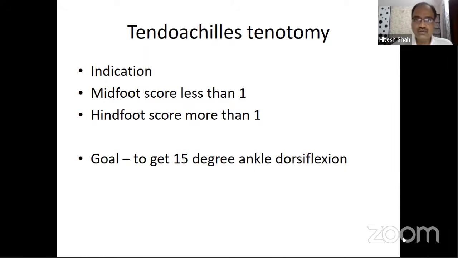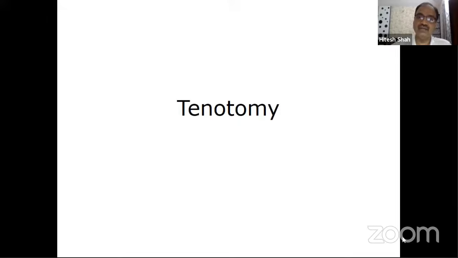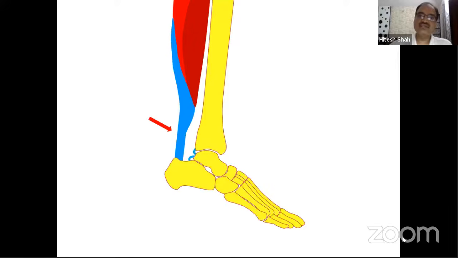What is the goal of doing a Tendoachilles tenotomy? We need to get at least 15 degrees of ankle dorsiflexion in order to get rid of the empty heel sign and to correct the hindfoot equinus. So what is a Tendoachilles tenotomy? This is an OP procedure and depends on the comfort zone of the surgeon. It can be done in a relaxed style, either under local anesthesia or general anesthesia.